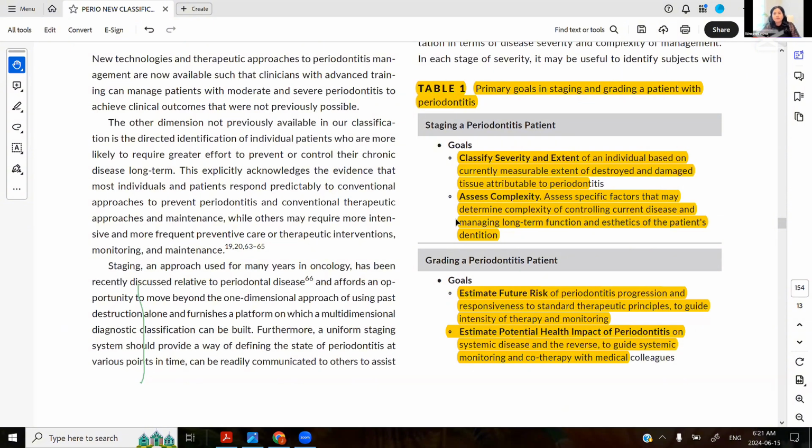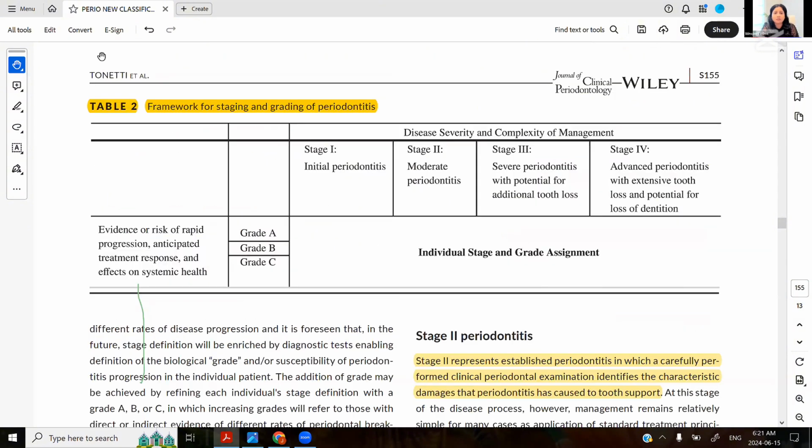So I need to educate my patient on how to improve those factors to help their periodontitis, and I need to provide them therapy to improve their systemic disease. As a clinician, it should all start making sense to us. Is that correct or not? So these are the primary goals when we learn this specific classification, and it helps us answer those questions meticulously in the exam. That's our primary goal here as well, right?